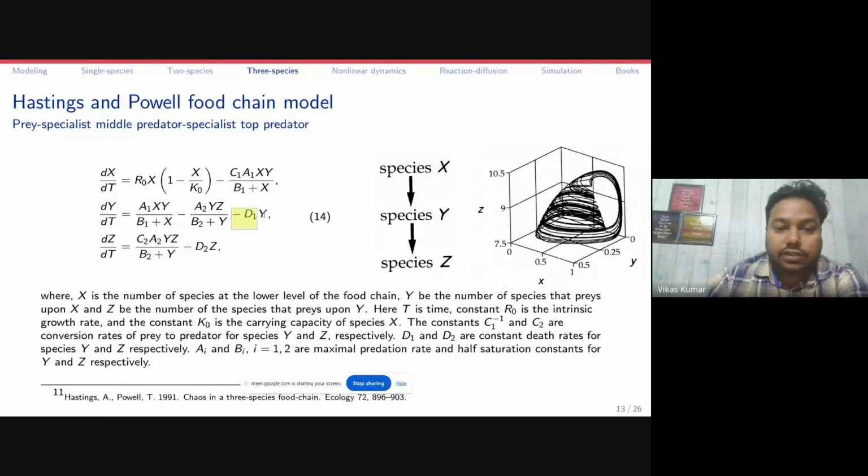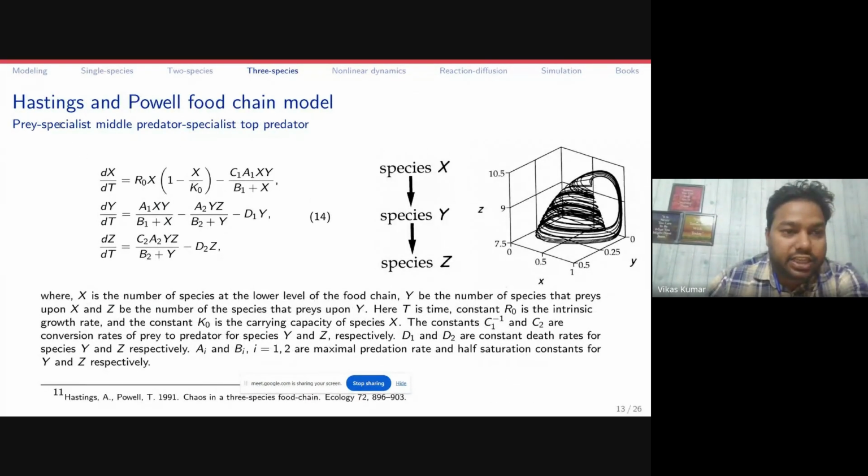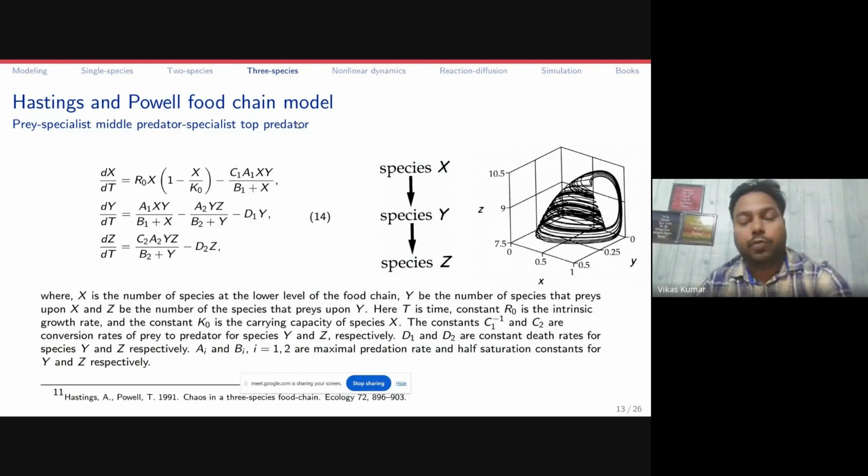That means our middle predator is a specialist. Similarly, our top predator population is also a specialist. I have already discussed specialist and generalist predator population models. So basically, this Hastings and Powell food chain model was a prey, specialist middle predator, and specialist top predator model. That means Y and Z, both predator populations, are of specialist type.